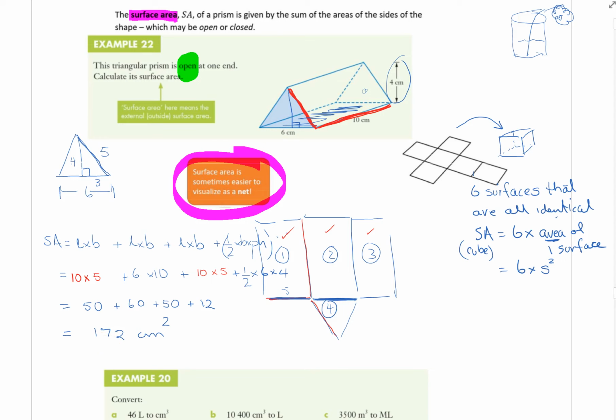Please note, this is back to area. We've been using area formulas. These are all area formulas. Our units are centimetres squared because we're giving a measure of area, the surface area. I'll stop the video there. You can get started on some of the questions from the exercise that you can see are referring to surface area.